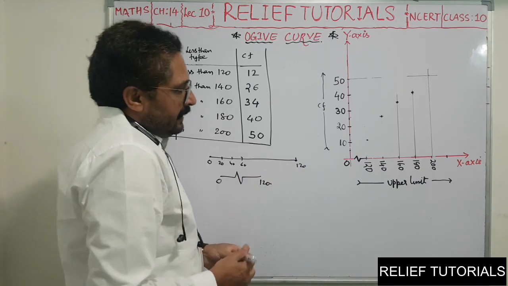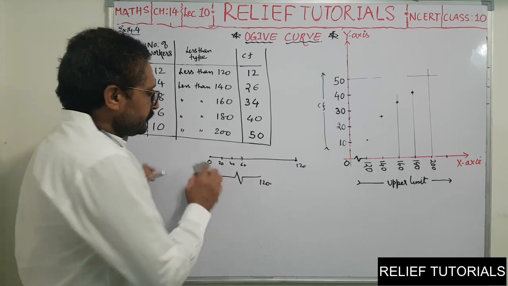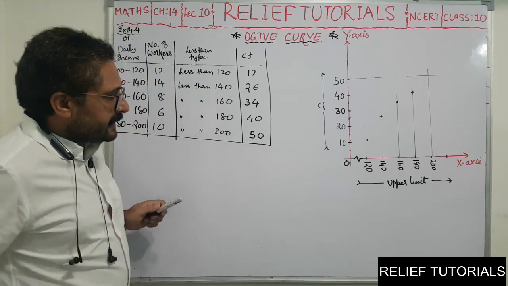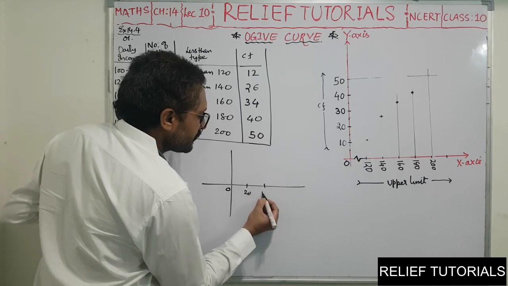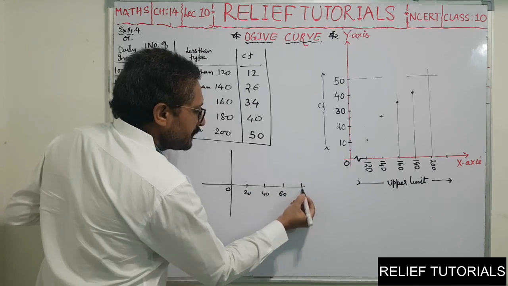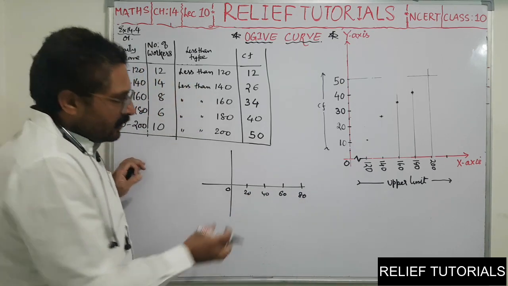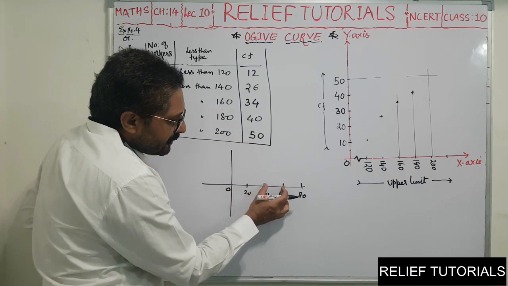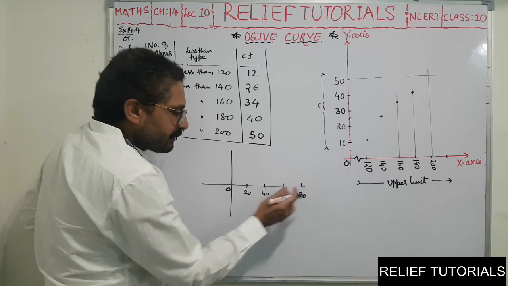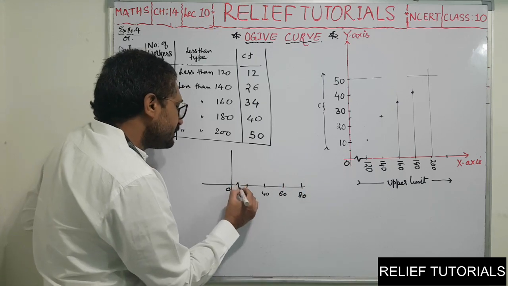Clear? And in this case, the graph is like this way, 0, this is 20, this is 40, this is 60, this is 80. In this case, 1 centimeter is equal to 20 units everywhere. So there is no need of giving these symbols here.